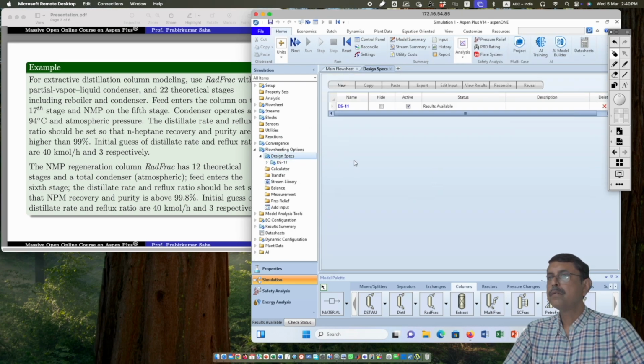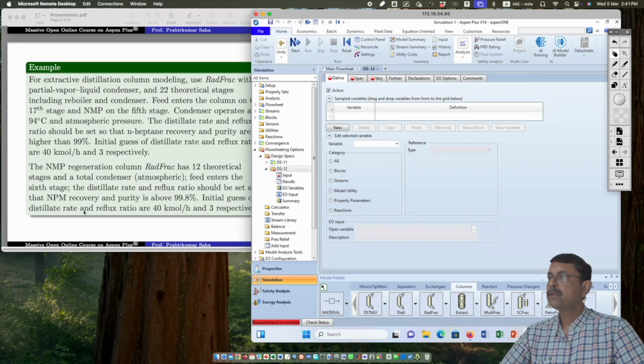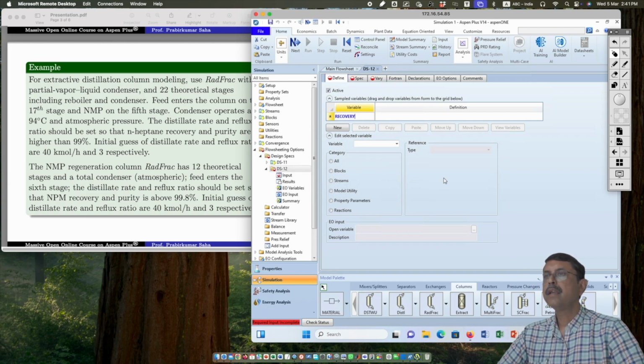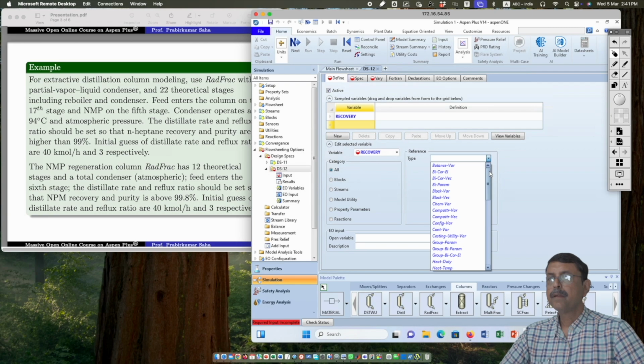Now, in the same manner, let us take the recovery component also. So there we write recovery. We have to define it as a local variable. It's a local parameter for us.